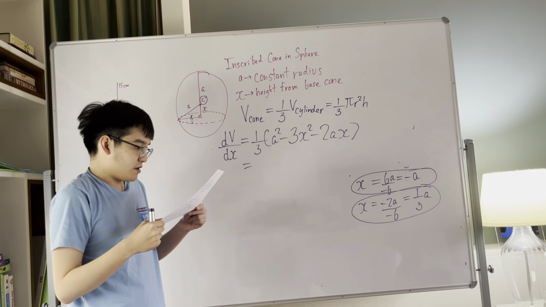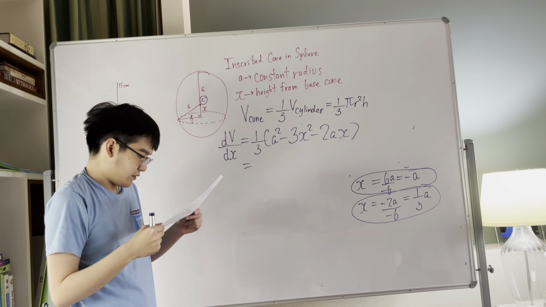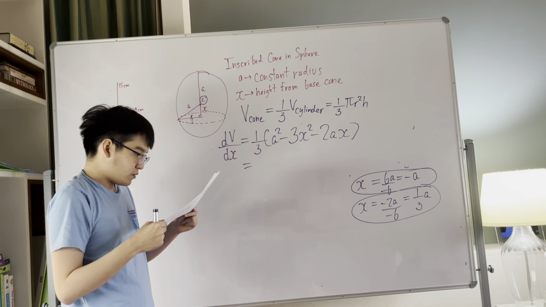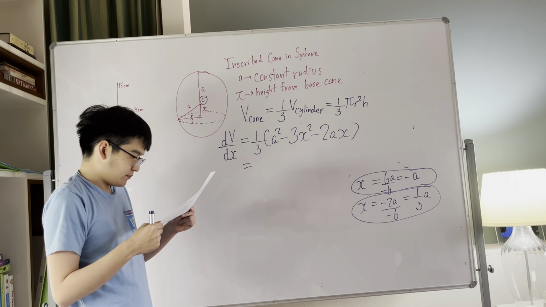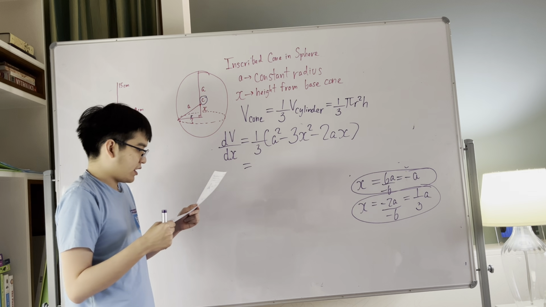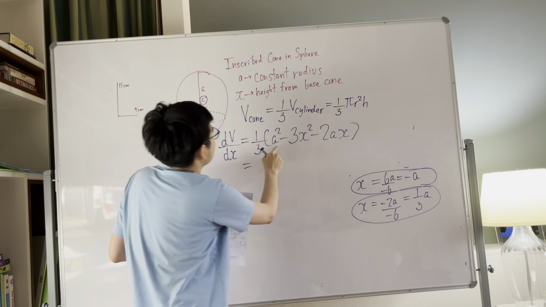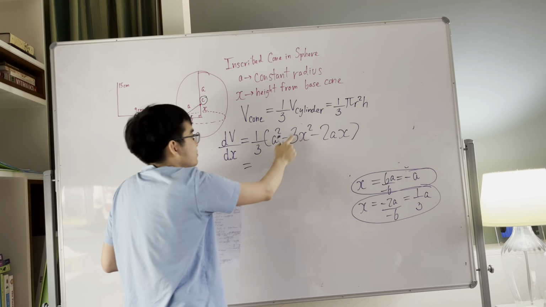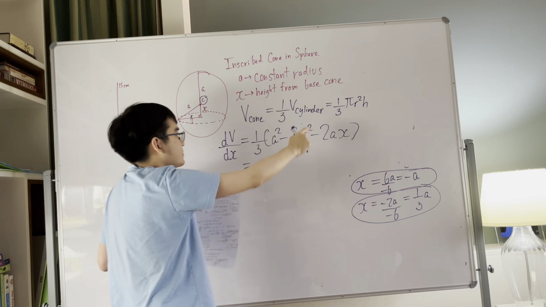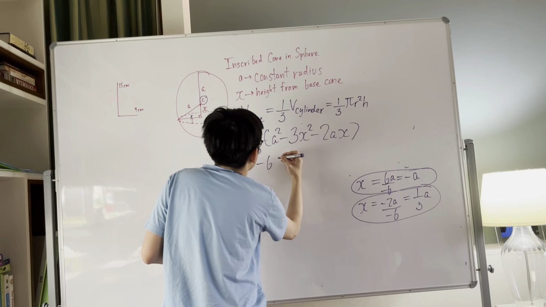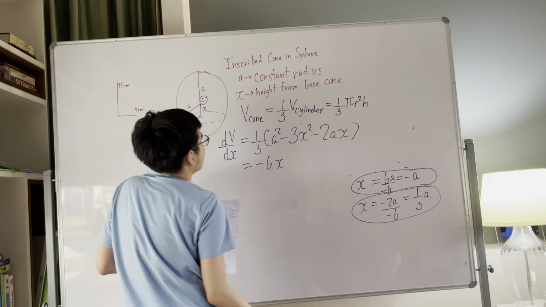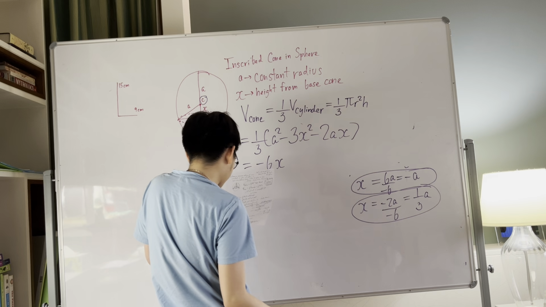then if we differentiate that again, we will get minus 6x. The a squared cancels out because that's a constant. The 2 gets brought down, minus 1 on the exponent, that becomes a minus 6x. Don't forget to divide everything by 3.